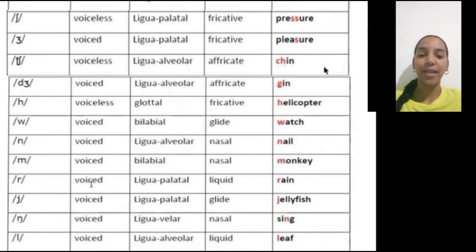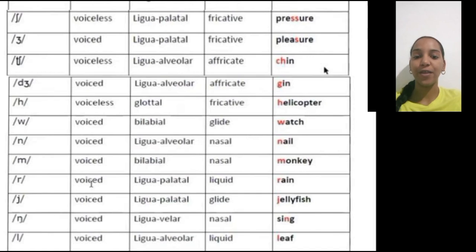It is fricative, and an example is pressure. Then we have the phoneme zh, which is voiced, palatal as well, fricative, and an example is pleasure.